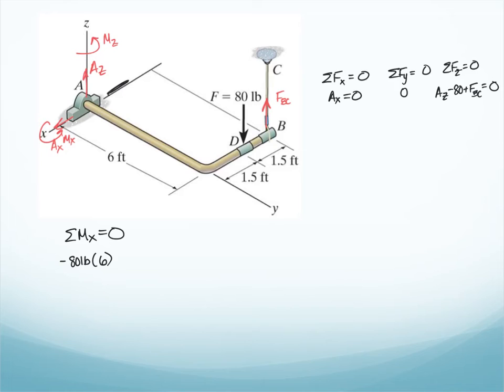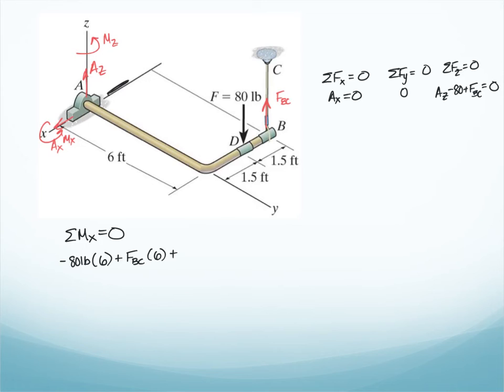I also have the force BC. That's in the opposite direction, so it's going to cause a counterclockwise rotation, which makes it positive, and that moment arm is also 6. Finally, I had the support reaction around the x-axis, because the thrust bearing prevents rotation about the x-axis.